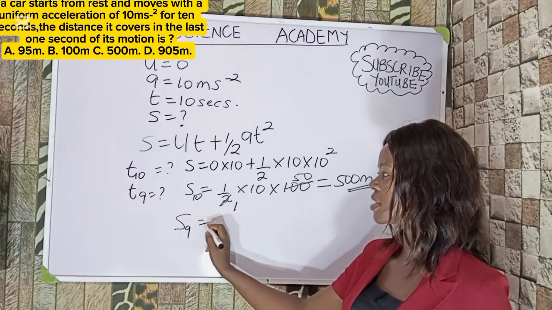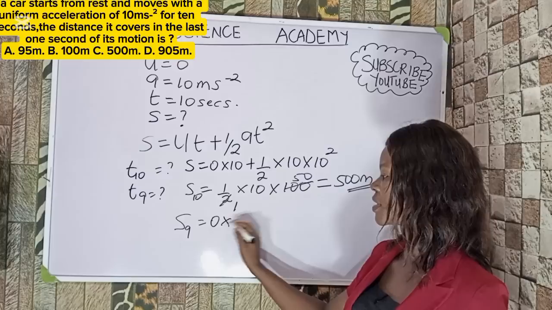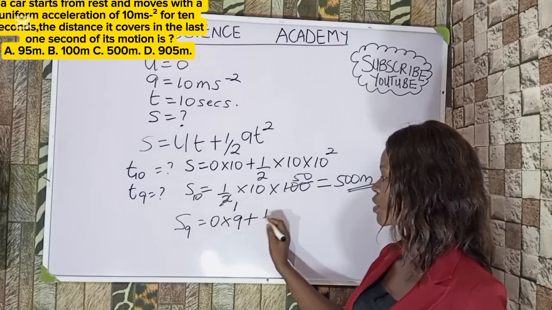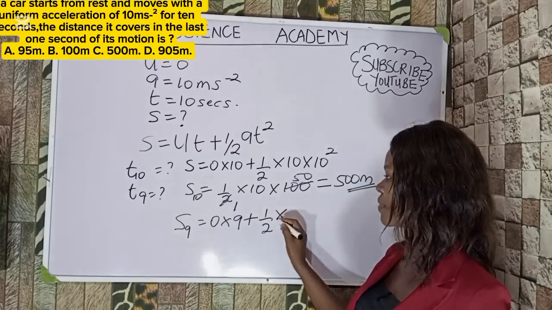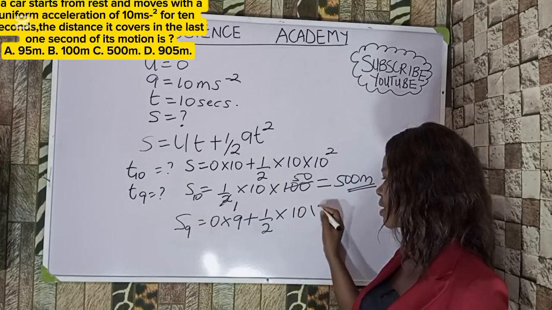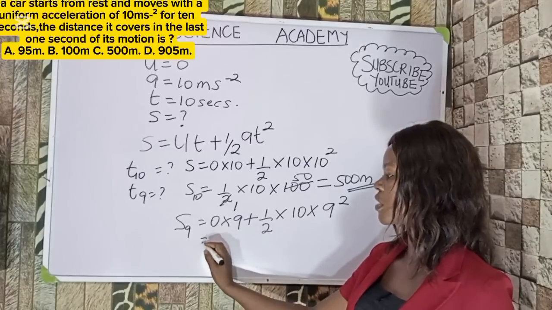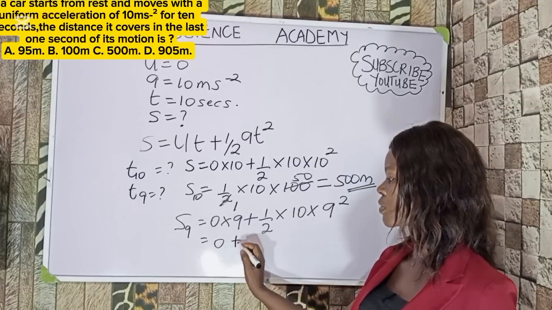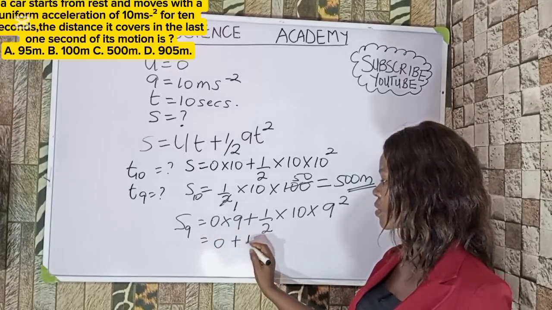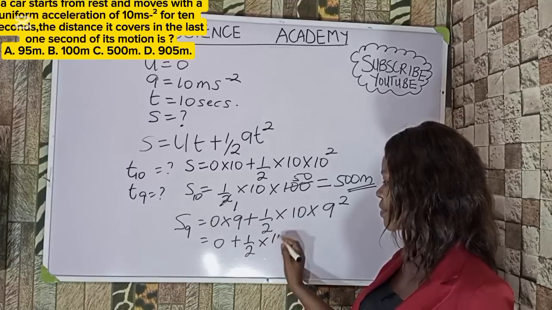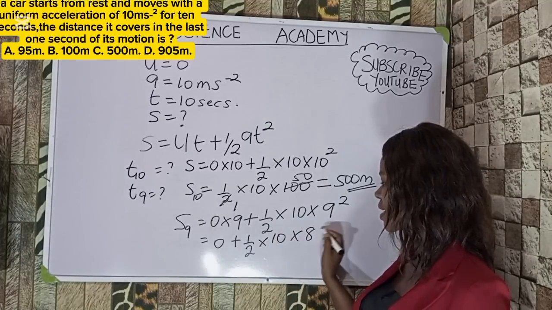So let's get the distance when the time is 9. Using the same method, we say 0 times 9, plus 1 over 2 times a, which is 10, times 9 square. This changed to 0. This is 0 plus 1 over 2 times 10 times 81.